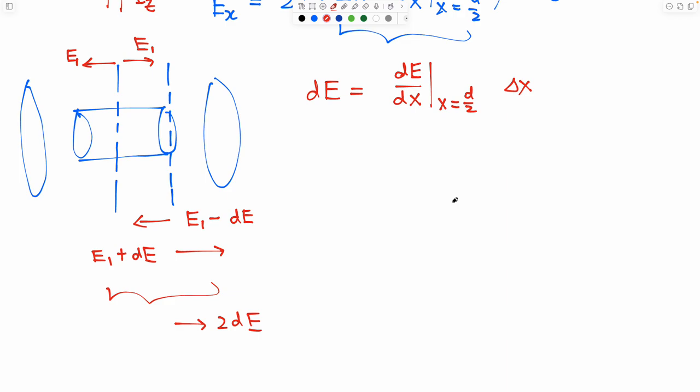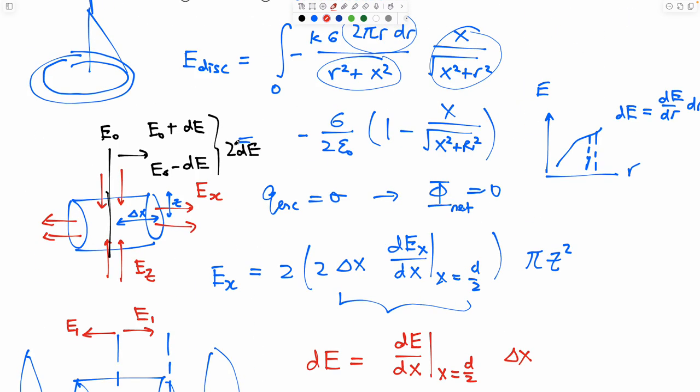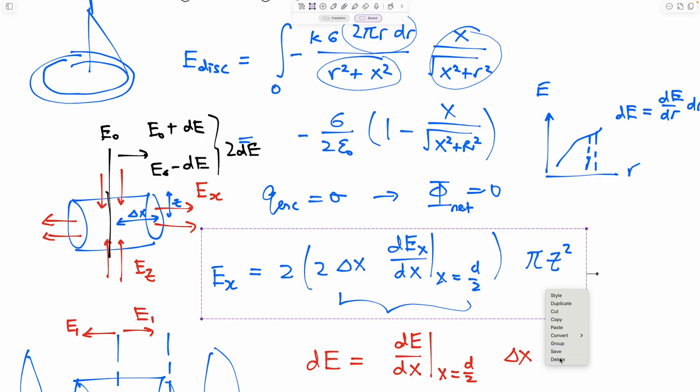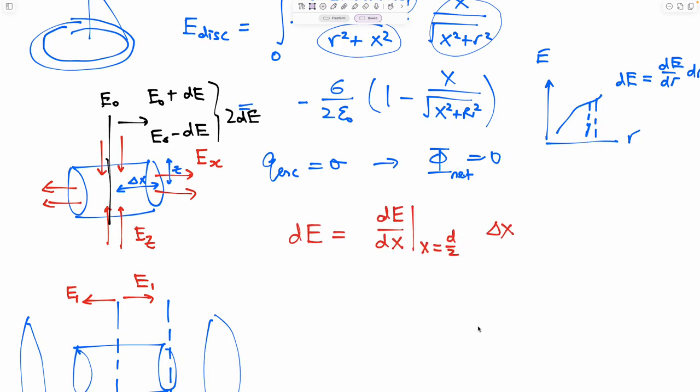Because right now we are trying to find the electric field through these two parts, but we don't know that. What we do know is the electric field along these two parts. So we can use Gauss' law to relate them. Does that make sense?